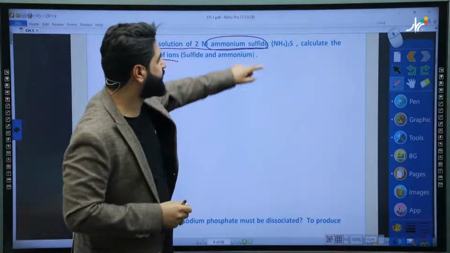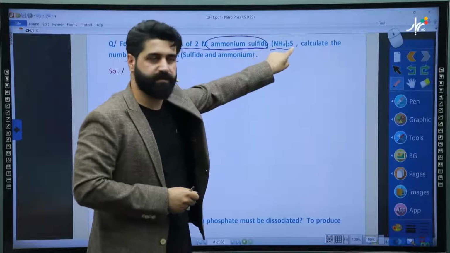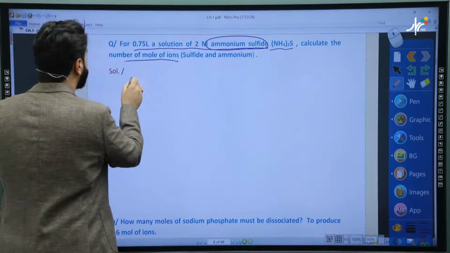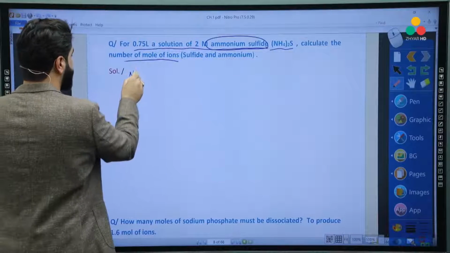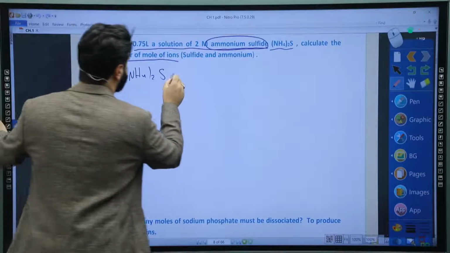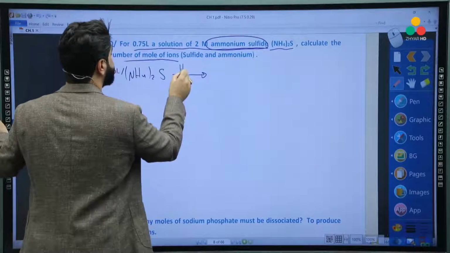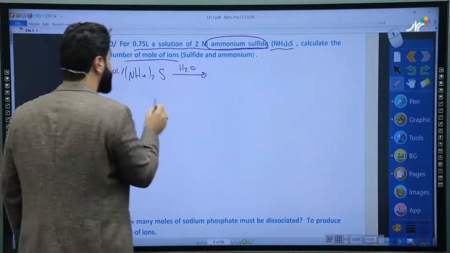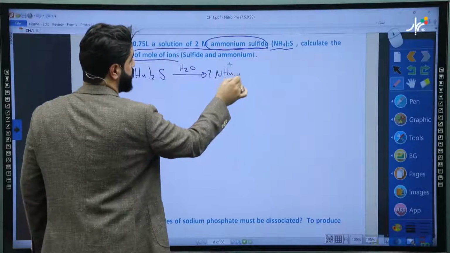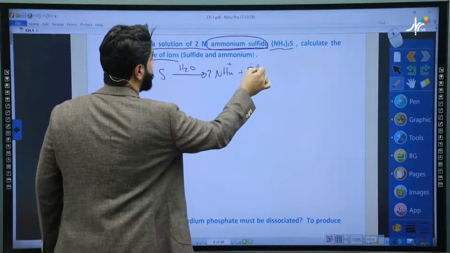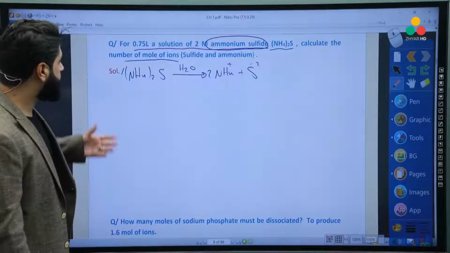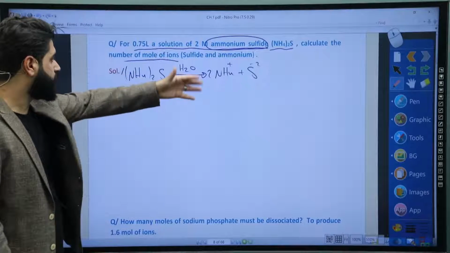What is the formula? Luckily, we get the formula from the question: (NH4)2S. First step, write the dissociation. If we dissolve (NH4)2S in water, we will get 2 ammonium cations plus 1 sulfide anion.